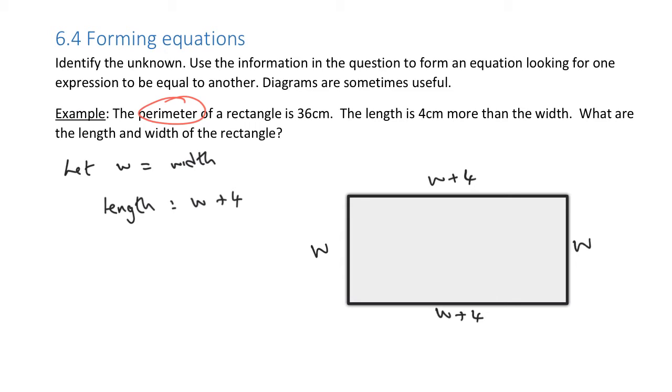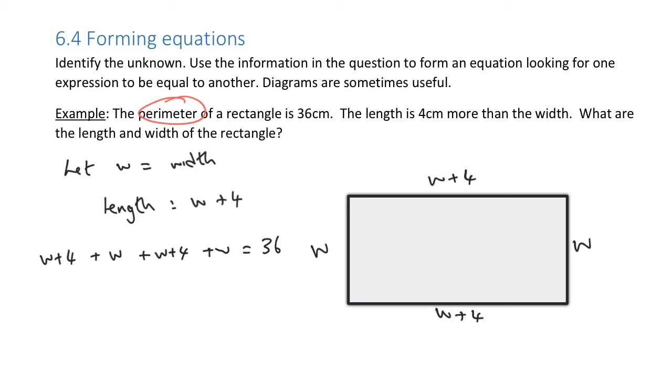So perimeter is going to be W plus 4 plus W plus W plus 4 plus W, and that's going to equal 36. The 4 sides we've added together, so 1, 2, 3, and 4.